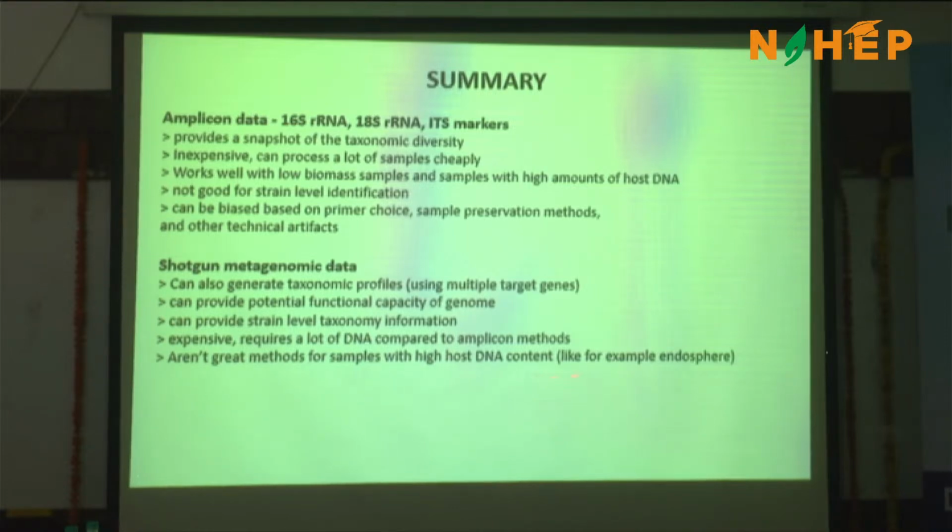And something else is that, as someone mentioned over there, you need to be very careful with the host DNA content, because, as I showed you, 75% of the reads in my endophytic microbiome belonged to the plant. So we almost sequenced the sugar beet genome, and we didn't want that. We only wanted the microbial community composition. Okay, I think I'm done.